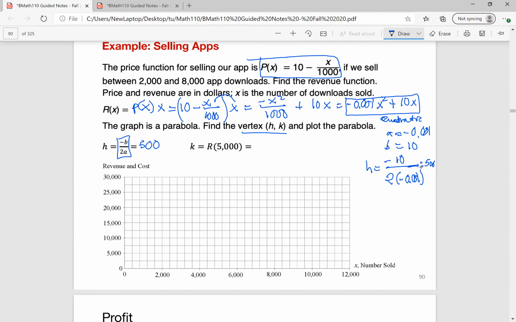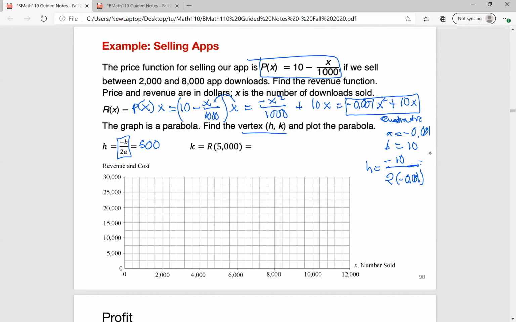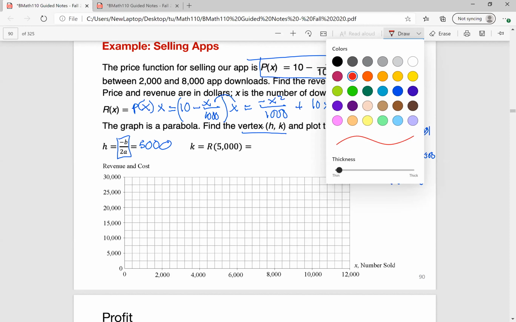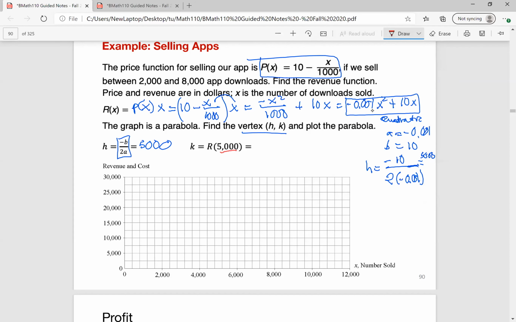So you're going to put 5,000 into the revenue function for x.